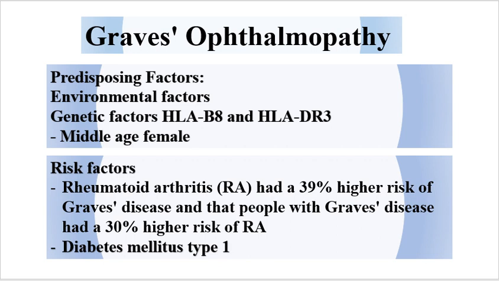Predisposing factors for the ophthalmopathy in Graves' disease are, since it is an autoimmune disorder, more than a single factor. That is to say, a constellation of factors, for example, environmental factors and genetic factors.